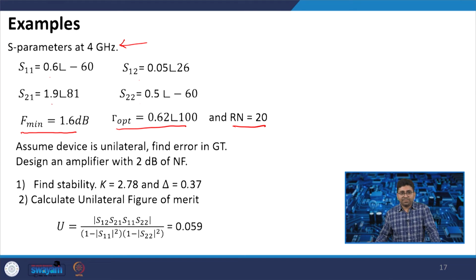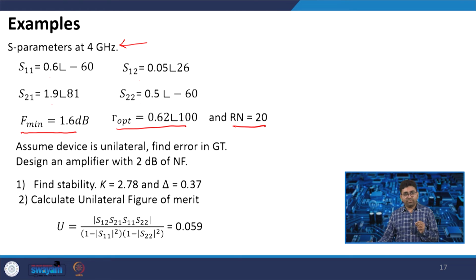These are the parameters given by the foundry or the manufacturer of the transistor, or you can simulate it by using Cadence or Keysight ADS or any circuit simulator, where you are going to use a design kit provided by the foundry. Now, here assume the device is unilateral.